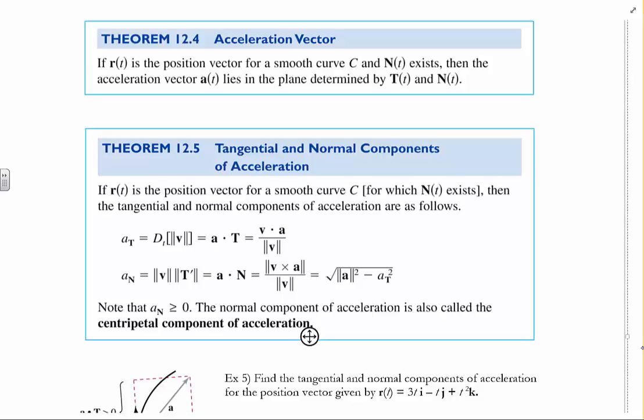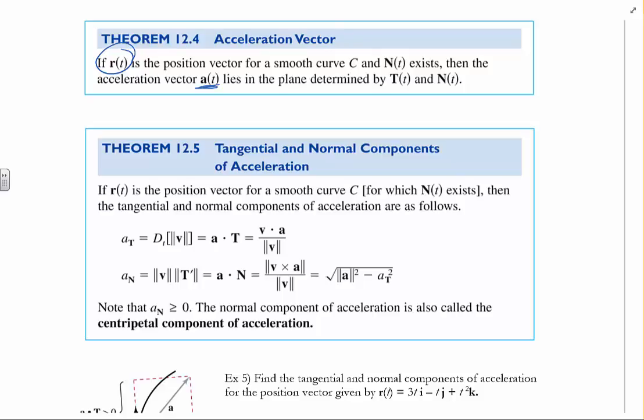So if you have r of t, your position vector, and N of t exists, then the acceleration a lies in the plane determined by T and N. Basically, your acceleration vector will always lie in the same plane as your unit tangent vector and your principal unit normal vector.